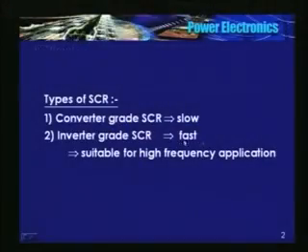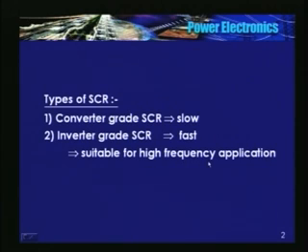They are used in the circuit wherein the frequency could be 50 Hertz. And the second one is the inverter grade SCR. These are fast devices, so suitable for high frequency application.